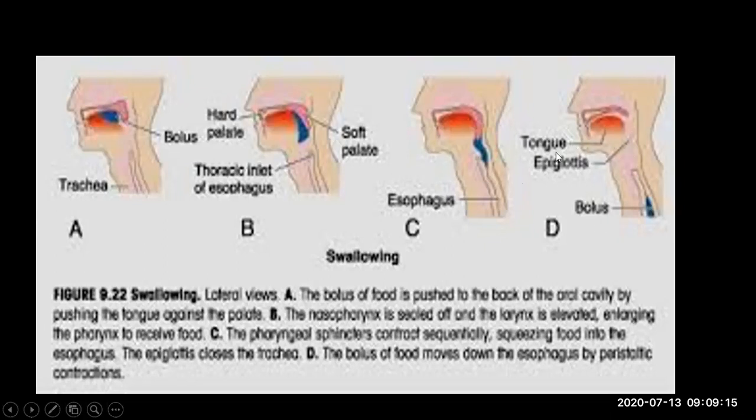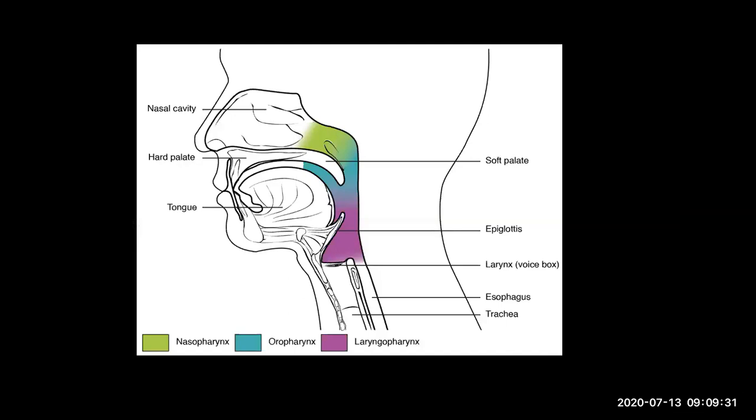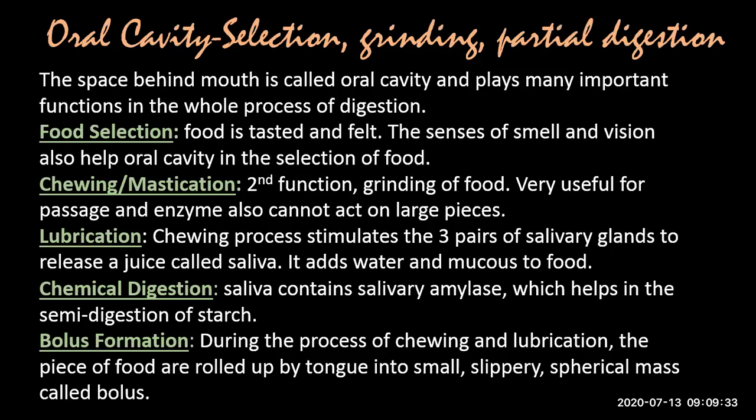The epiglottis is closed, and then the bolus can enter into the digestive system. This is how food enters into our digestive system, and we will talk about swallowing and peristalsis in our next lecture.